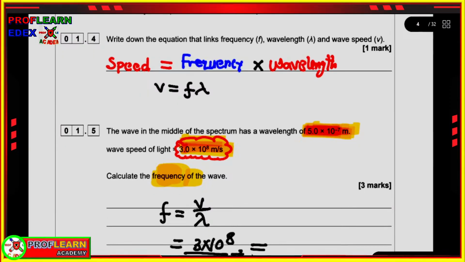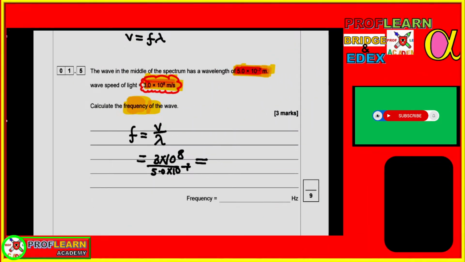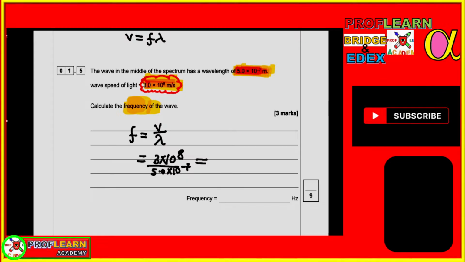So if we work it out, we put that in our calculator so that we can check what the answer is going to be. We need our calculator there.